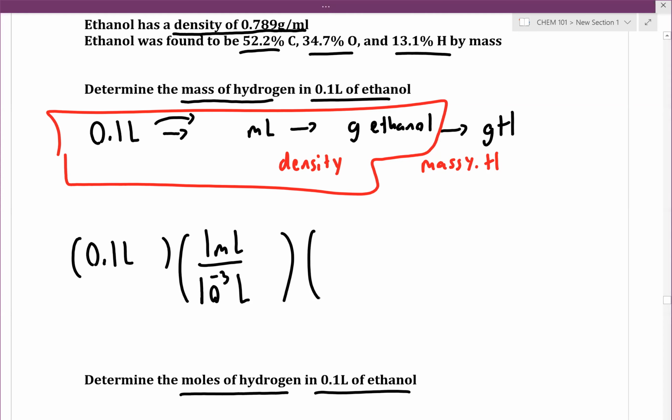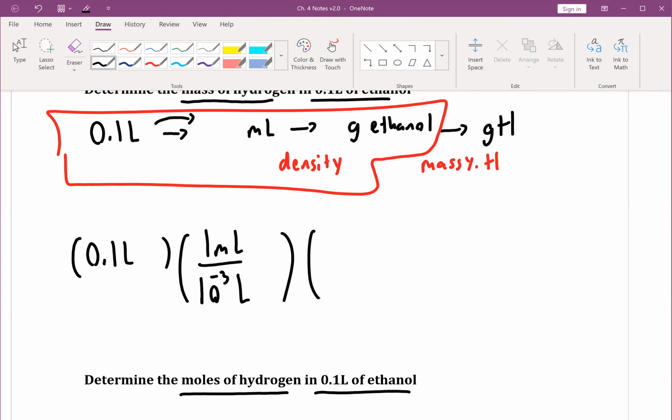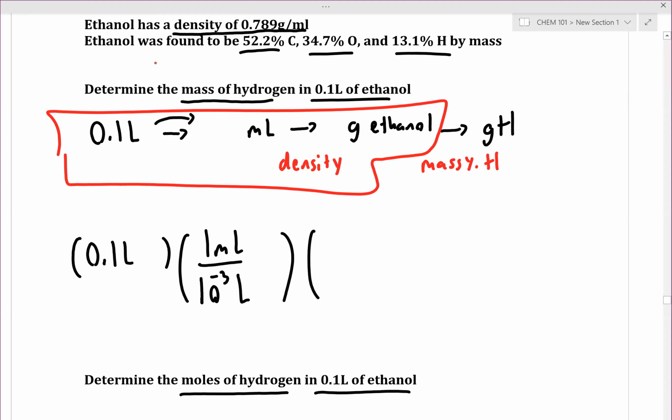Okay, let's now apply our density. So if we're going from milliliters to grams, what units need to go on top? Grams, exactly. So how many grams of ethanol are present in 1 milliliter? Yep, 0.789.